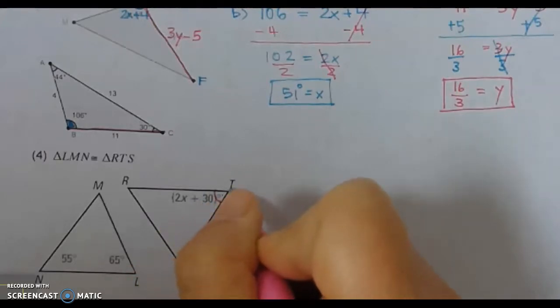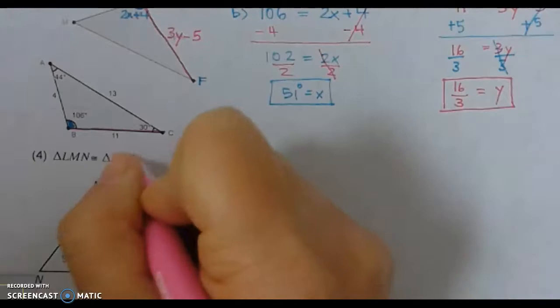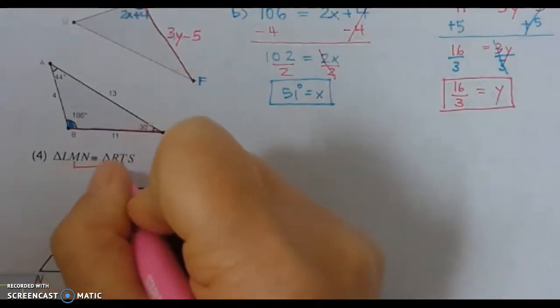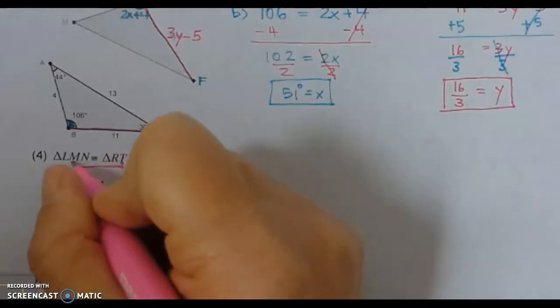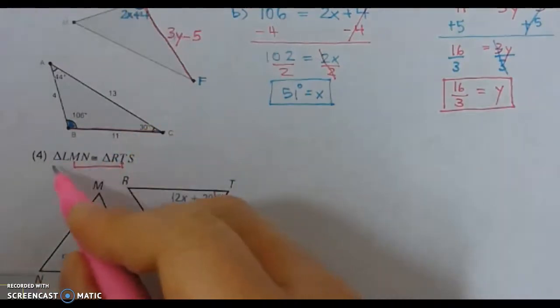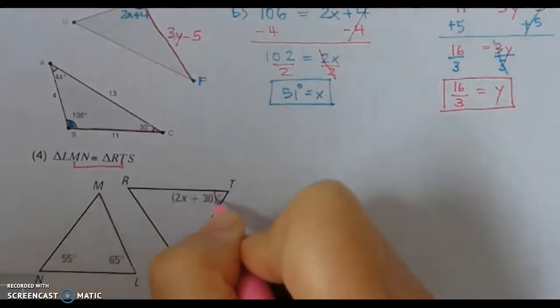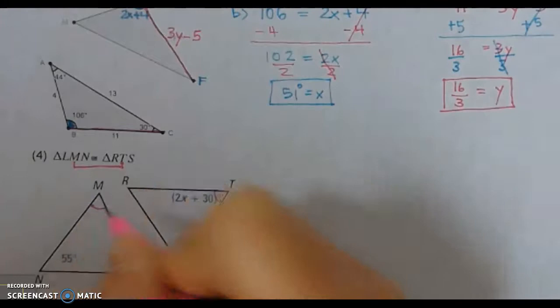Okay, so T on the right triangle, vertex T, corresponds to angle M. Vertex T and vertex M correspond to each other because they are the two middle letters. So then I know that this angle is congruent to this angle.